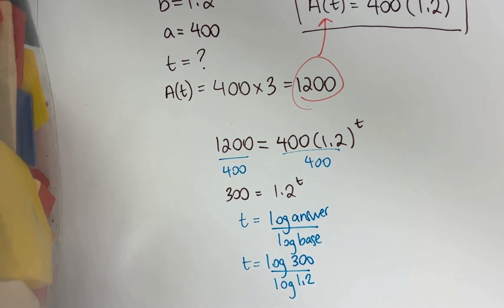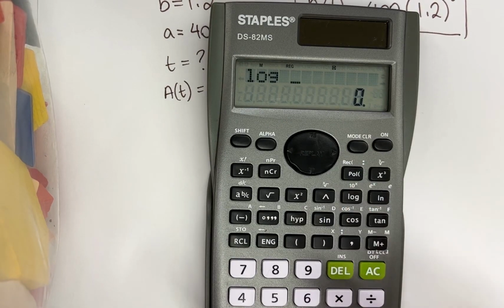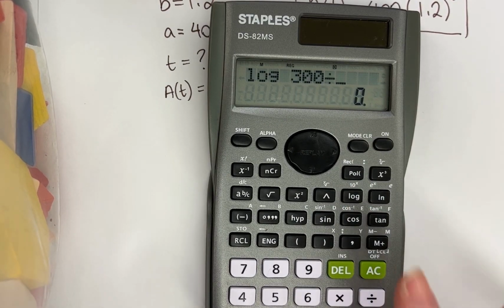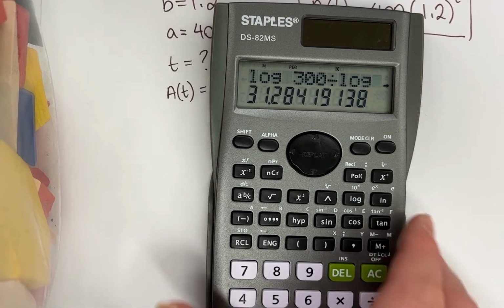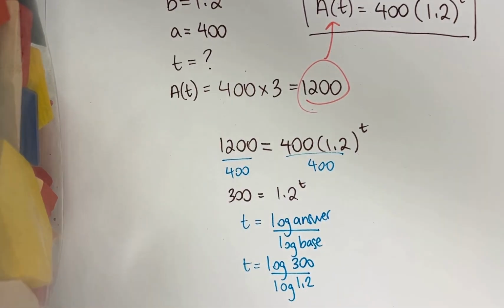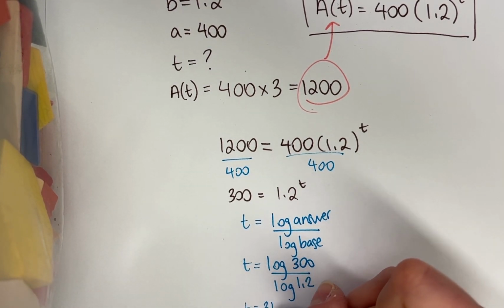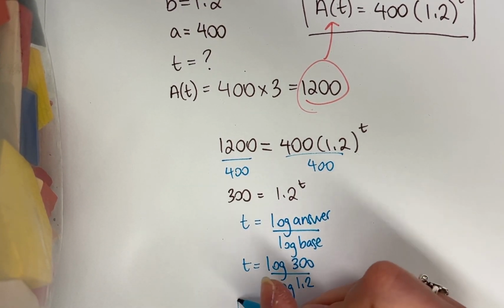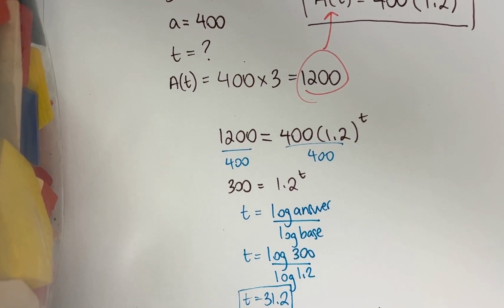So using my calculator, log 300 divided by log 1.2 is 31.2. So it would take 31 years for the population to triple.